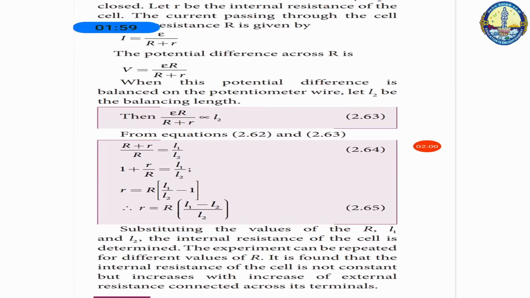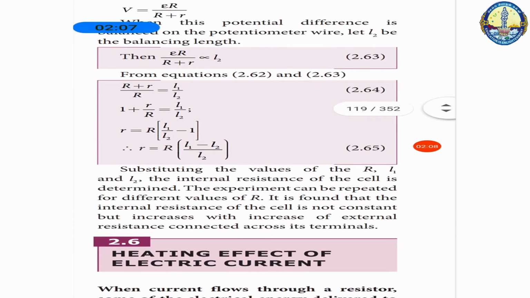When this potential difference is balanced on the potentiometer wire, let L2 be the balancing length. Then epsilon R divided by R plus r is directly proportional to length L2. From the equations, we get R plus r, where capital R is the resistance and small r is the internal resistance, divided by R equal to length L1 divided by length L2.